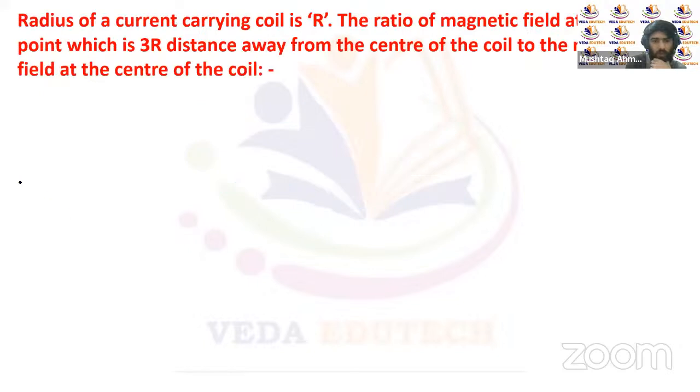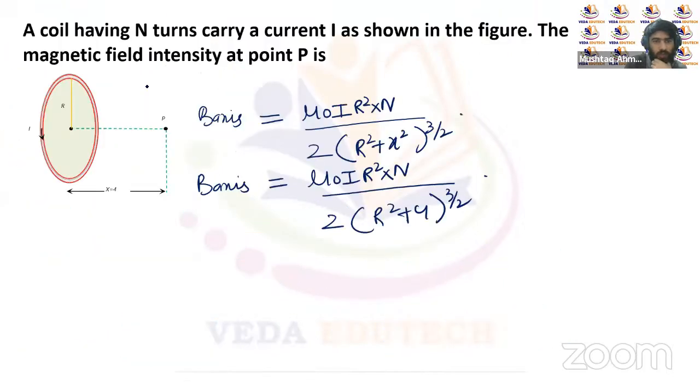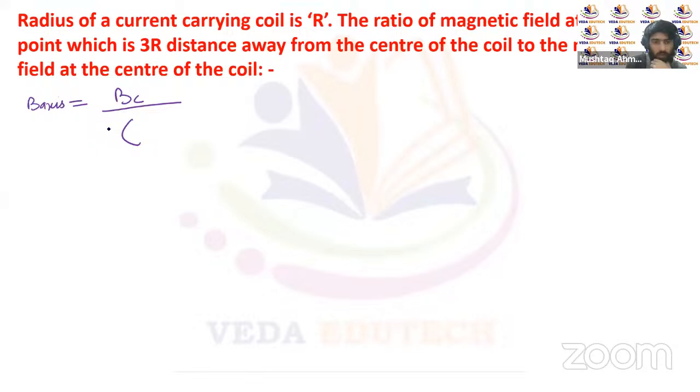So the equation we'll be using is B x-axis is actually B center upon, is there a factor of 2 or not? No, there is not a factor of 2 here. So it will be B center upon 1 plus x square upon r square, raised to power 3 by 2. We have to find the ratio of the magnetic field at an axial point, which is 3r distance away from the center of the coil, to the magnetic field at the center of the coil.